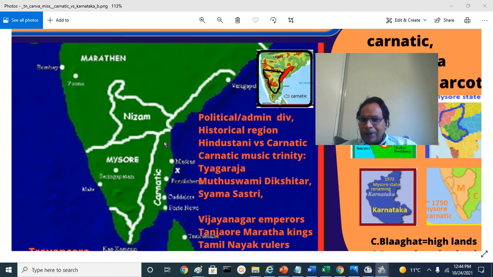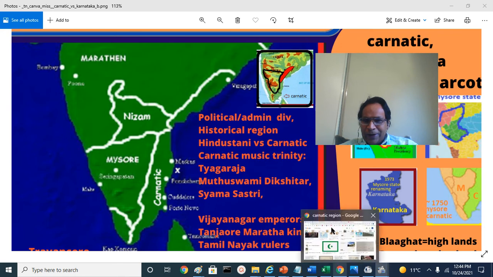North of the Pennar river is the northern part of Nellore district until the Gundlakamma river, which comes from the Nallamala forest, Eastern Ghats, up to the Ongole region, the northern part of the Nellore region. Then we have Guntur Sarkar, that is the Nizam's territory, ruled by the Nizam's son Basalat Jang. Later it was given to the British East India Company. So the central Carnatic, southern Carnatic, northern Carnatic, those are the historic regions.